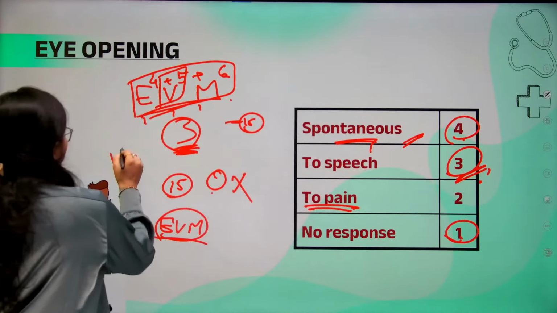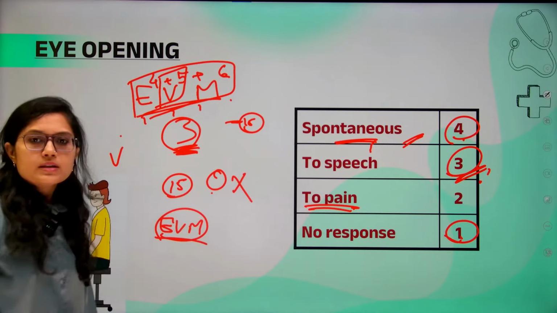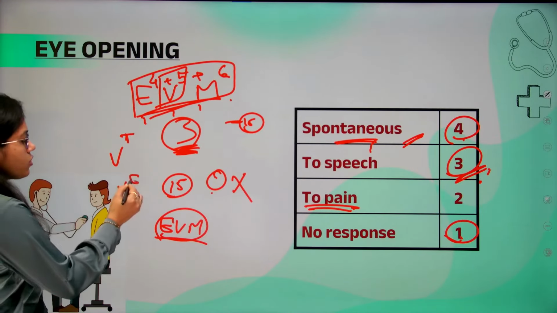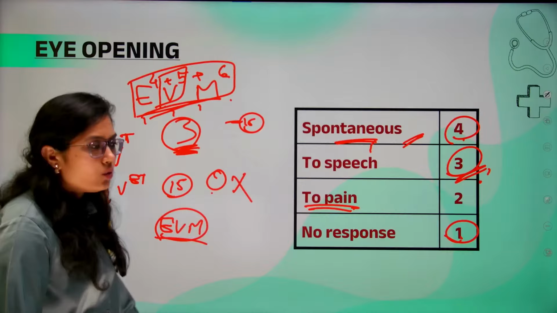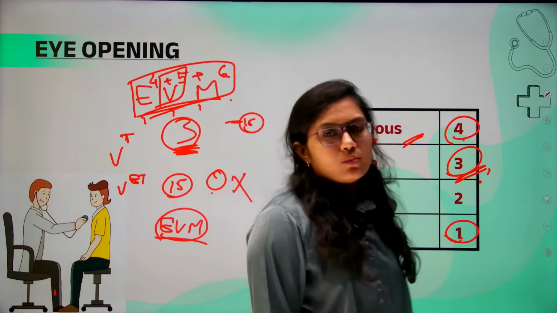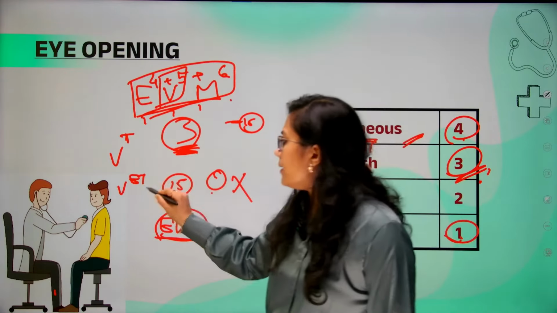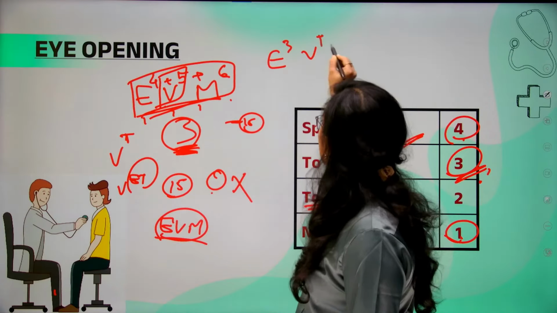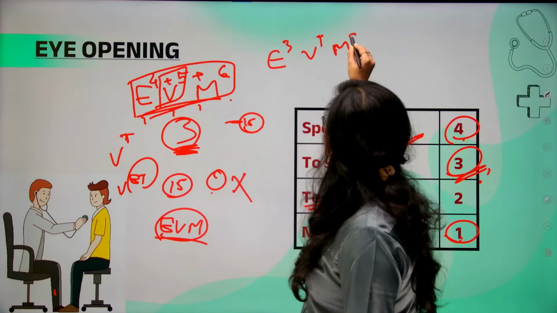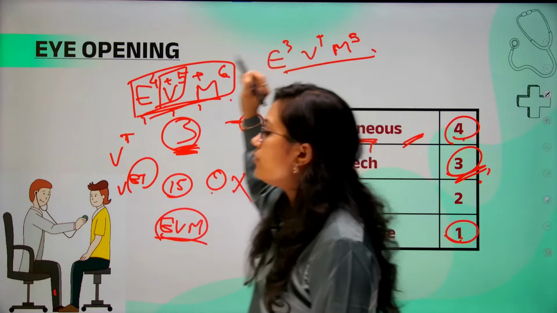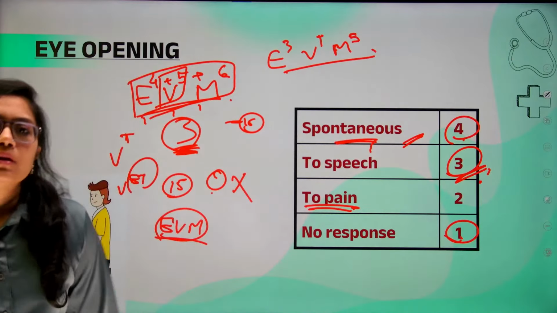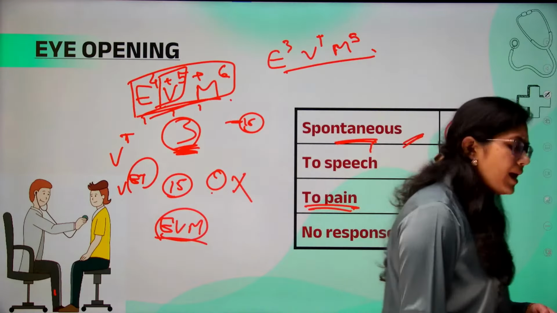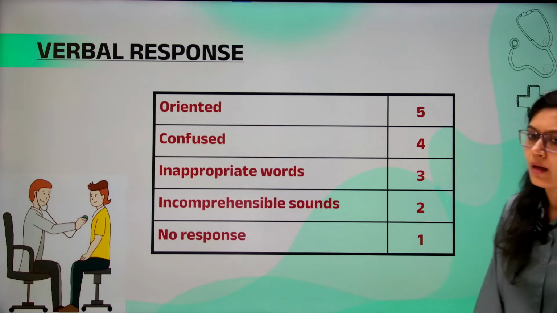In that case, if it is a tracheostomy we write T, and if it is an ET tube we write ET. We write whatever the eye opening response and motor response are, and on V we write T or ET, meaning a tracheostomy or ET tube has been inserted.